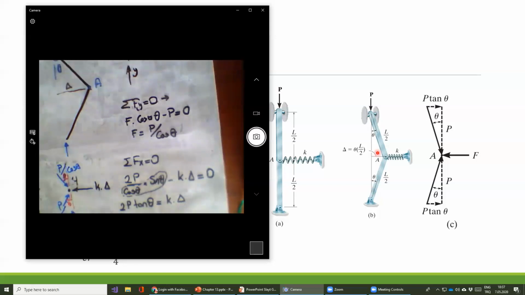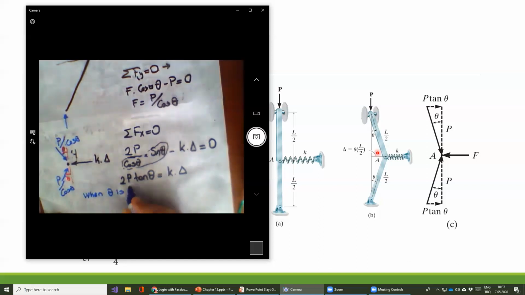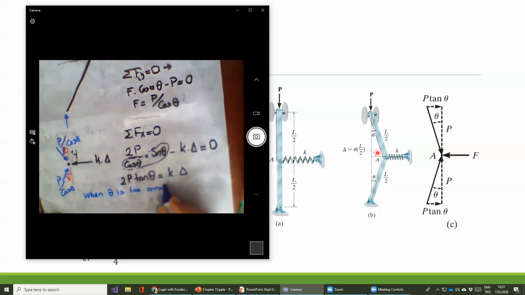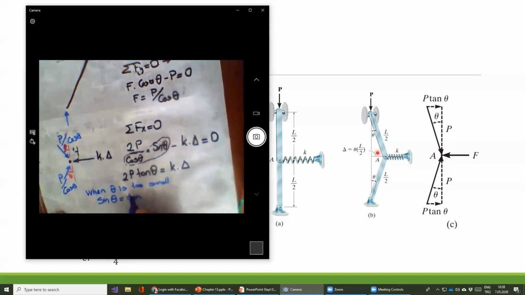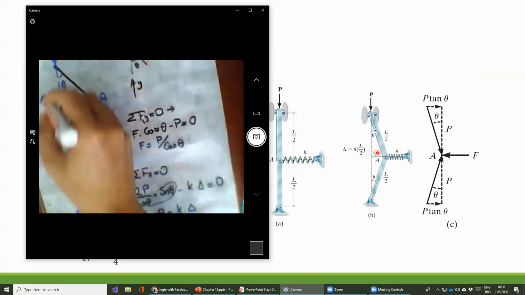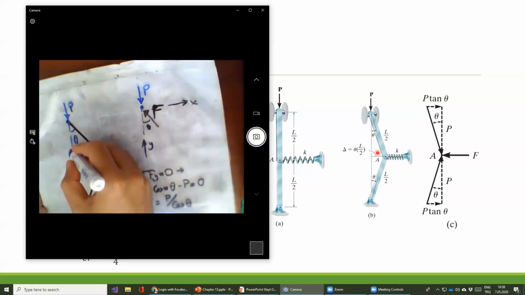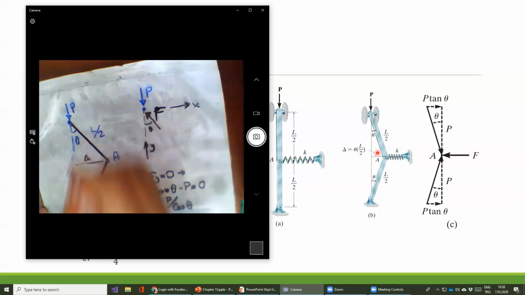In small deflection theory, maybe you remember from math, when theta is too small, sine theta is equal to tangent theta, very close to equal, therefore we call it theta. Also from the geometry, you can see this angle, we called L over 2 in here.